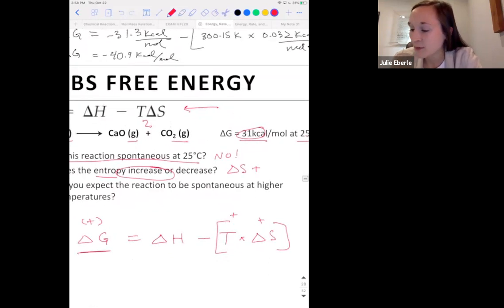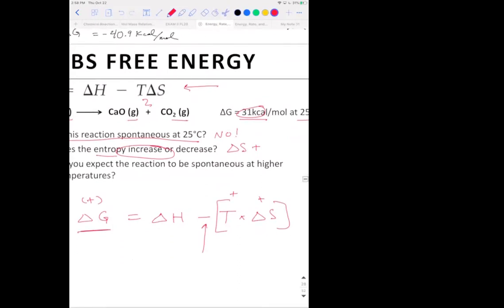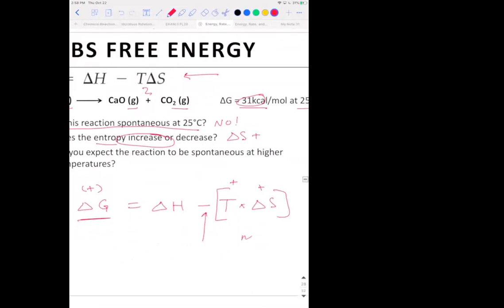We have two positive numbers in this bracket. A positive times a positive is a positive number. We also have a minus sign out front. What does that minus sign do to that whole term, T delta S? Makes it negative. Okay, so all of this is going to be negative.